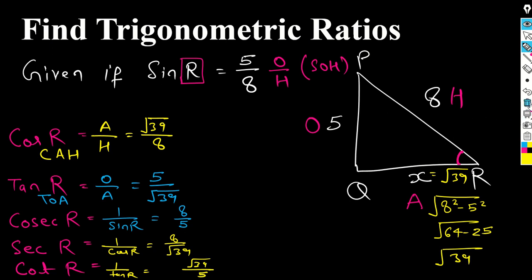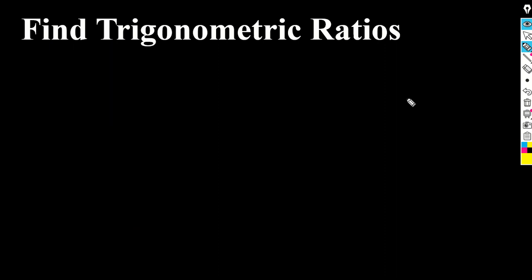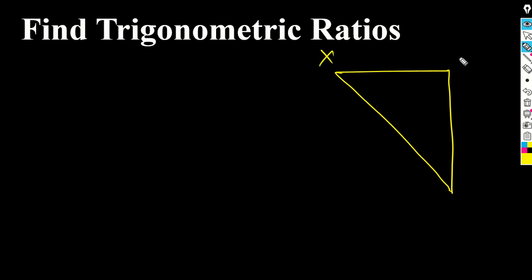Let's solve one more question. So let's say this time we have a triangle, triangle X, Y, Z. This is a 90-degree angle. Let's say this angle is theta.